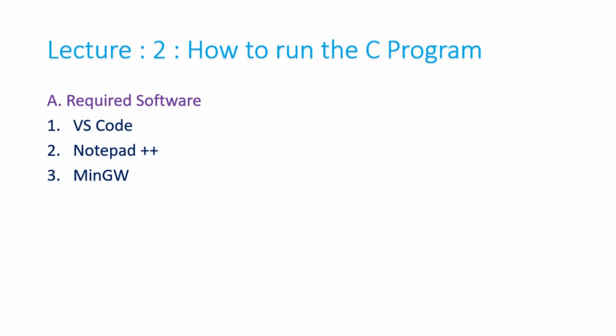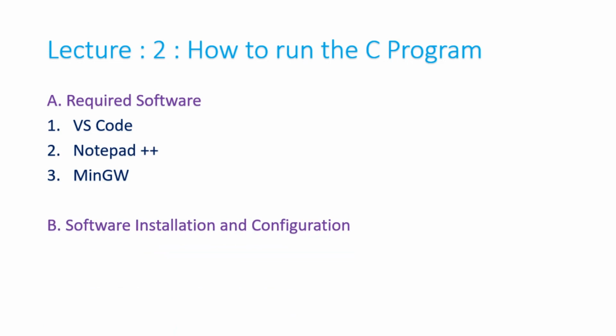VS Code and Notepad++ are alternative options to write the C code on a Windows machine, and you can also use VS Code to write the code and to run the C programs. We will talk about how to install and configure the software.